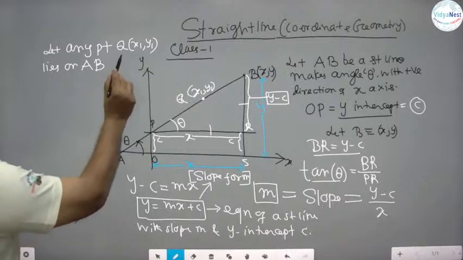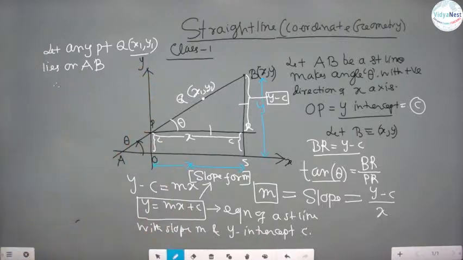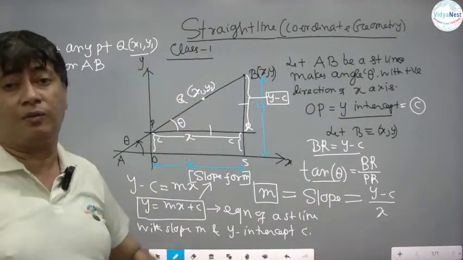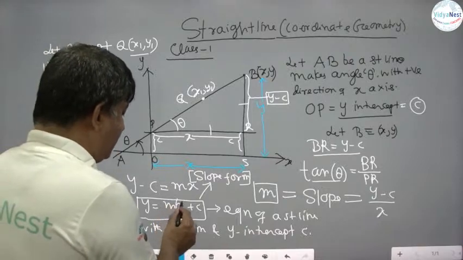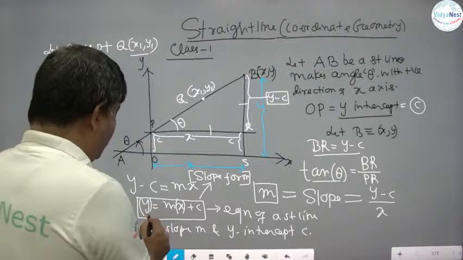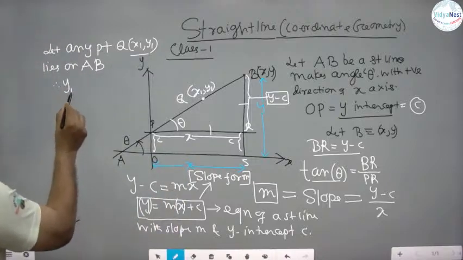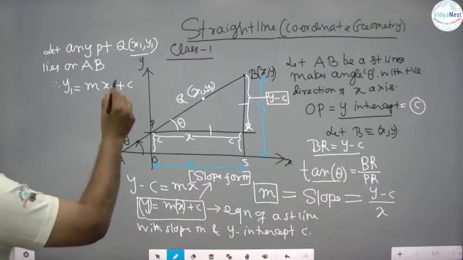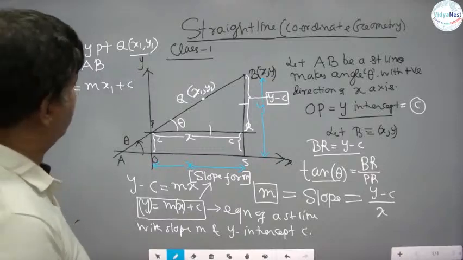So, x1, y1 will satisfy the equation. Satisfy means when the line passes through x1, y1, at that moment x will become x1 and y will become y1. So, y1 is equal to mx1 plus c.